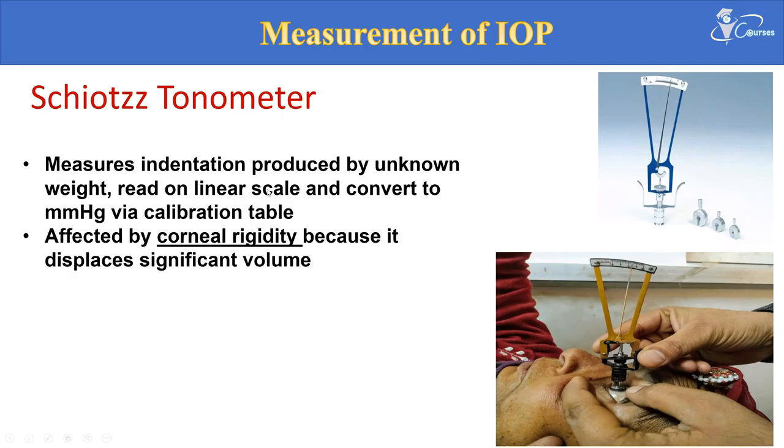The drawback of the Schiotz tonometer is that it is affected by corneal rigidity. When we put this device on the cornea, it displaces the corneal tissue. If the cornea is very rigid or very tough, or the reverse, very fragile or very soft, this will result in fallacies in the measurement of intraocular pressure. So again, the Schiotz tonometer is affected by the rigidity of the cornea.